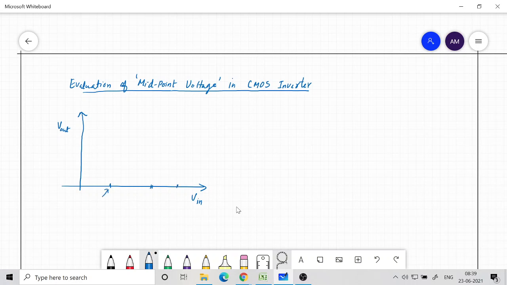So this is what I call as VTN, and this is your VDD, and here is your VDD plus VTP. Okay, and output will be VDD until input becomes greater than VTN. So this is your VDD.